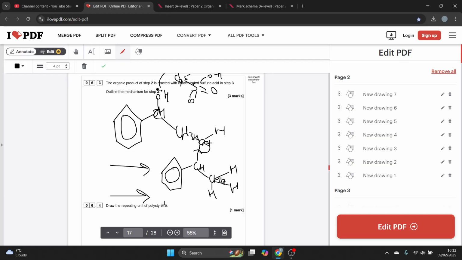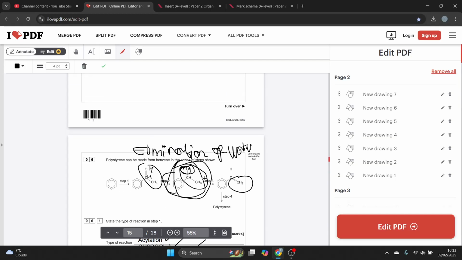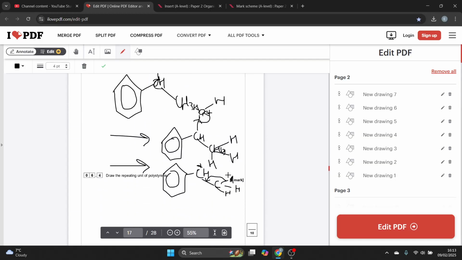I'm going to go through the individual steps. Then this is positively charged. So this carbocation is here, and CH3. And then from here to here, that's how you form that double bond, and then you lose that H plus, and you get CH2.